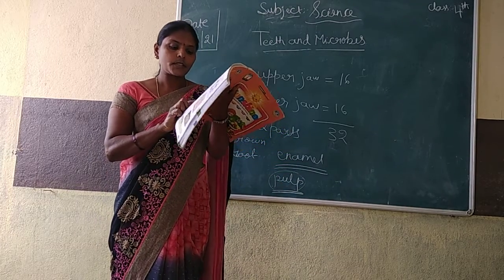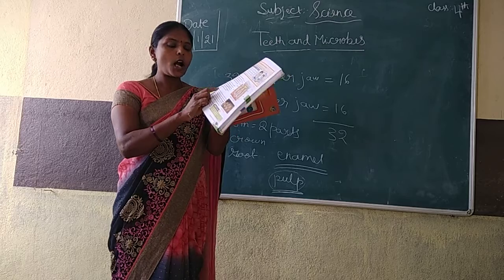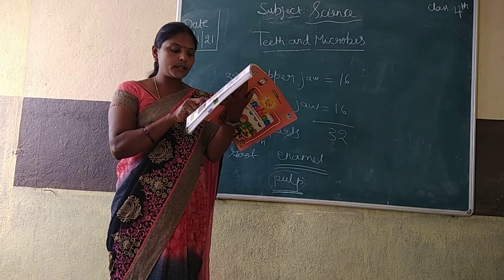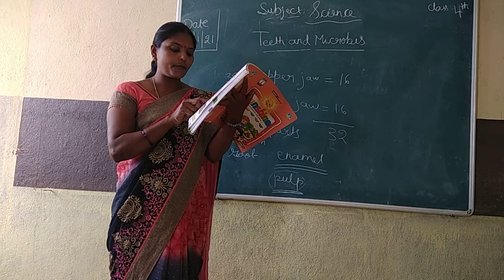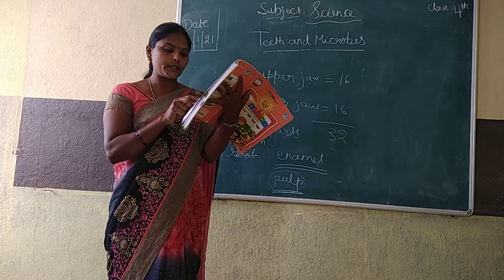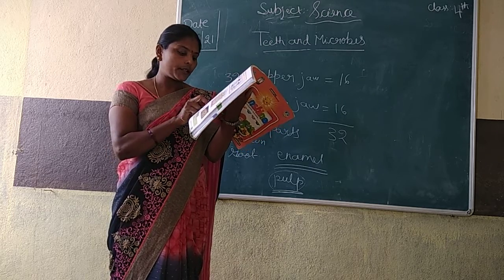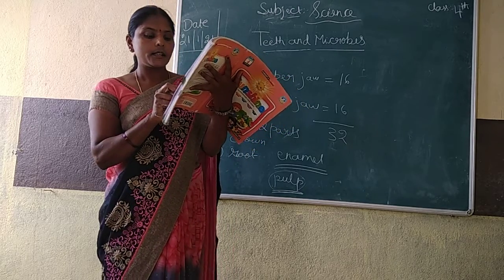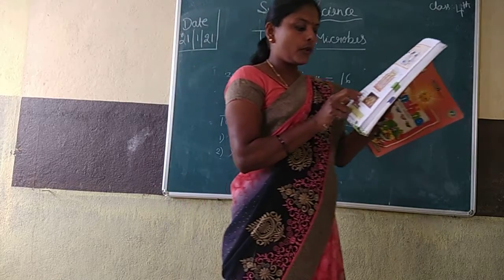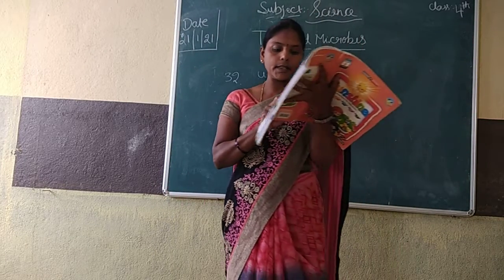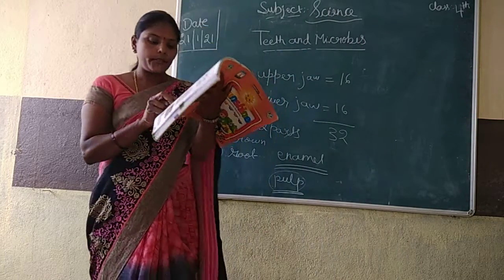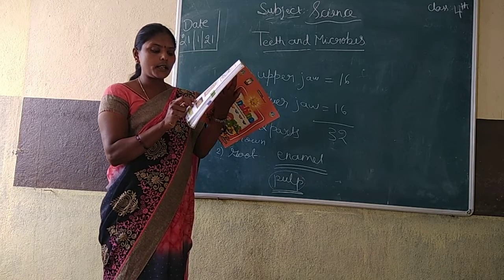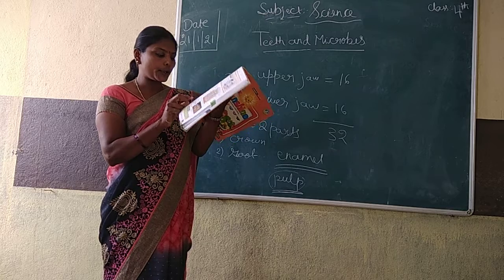Next, tooth decay. How will a tooth decay? When we eat, small bits of food may stick between our teeth. When we do not brush our teeth properly, the stuck food rots and our teeth get covered with a thin sticky layer called plaque.